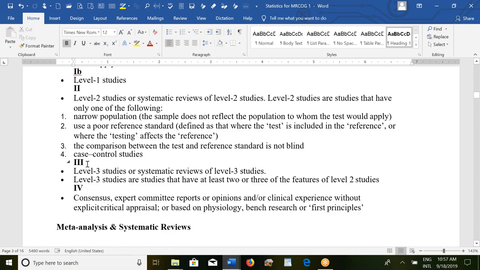Level 3 studies or systematic reviews of level 3 studies. Level 3 studies are the studies that have at least 2 or 3 of the features of the level 2 studies. Then level 4 means consensus, like they have read some reports and then they are giving their expert committee report or opinion and or clinical experience without explicit critical appraisal, or based on physiology or bench research or first principles.